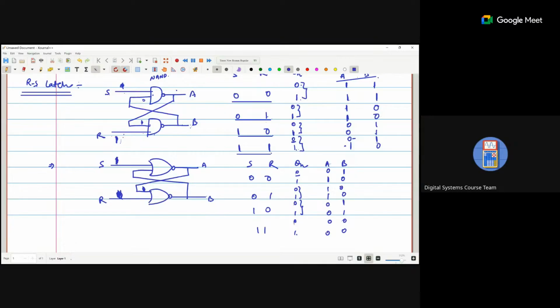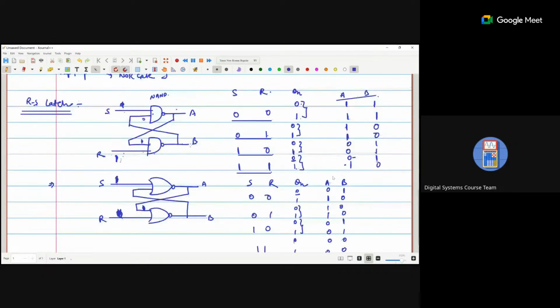Clear? Now, if you see that table, you can see that in the NAND gate when it is 1 1, the output is dependent on the previous state. In the NOR gate it is 0 0, and the output is dependent on the previous state. When it is 0 1, the output is 1 0.